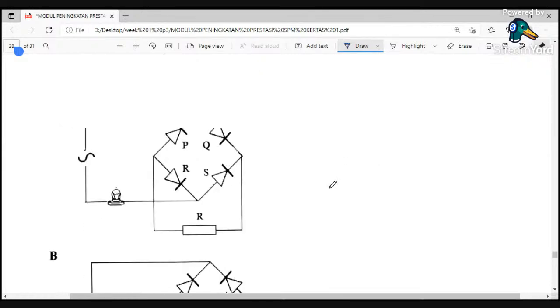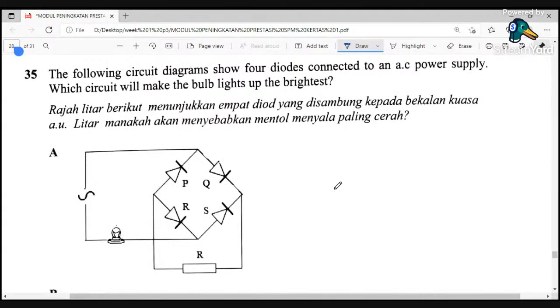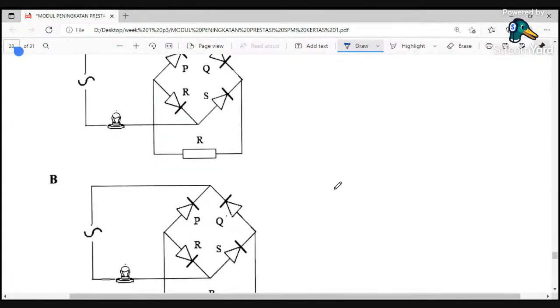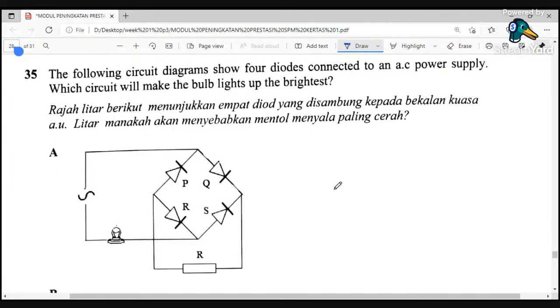Okey, yang mana dapat mentol menyala lebih cerah, nombor 35. Okey, maksudnya the current can flow for the connection given. So you kena try and error semua sampai you dapat.